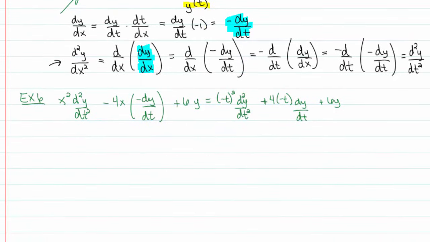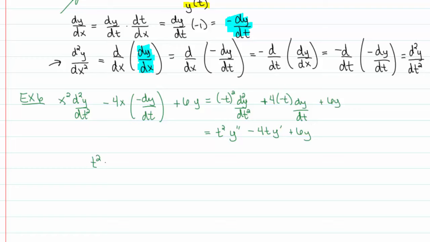Now I'm going to run the negatives here, and this is the same thing as t squared y double prime minus 4t y prime plus 6y, an abuse of notation, because I just don't like to constantly use Leibniz notation.